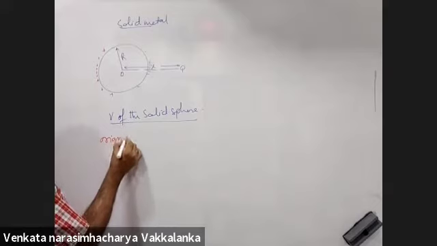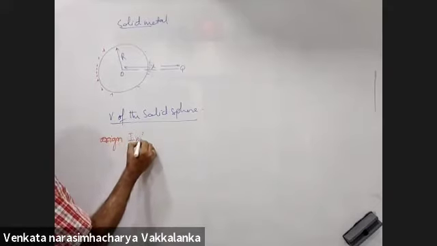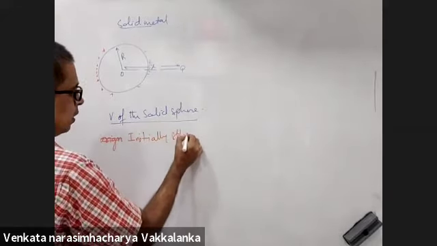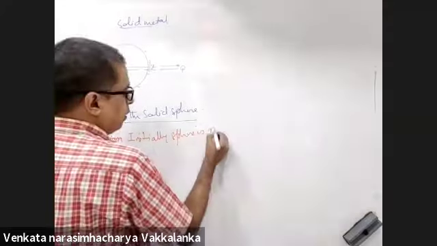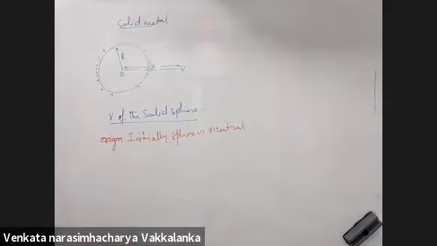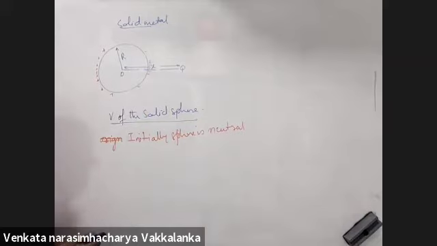Originally, initially, the sphere is neutral. So if initially the sphere is neutral, the charge induced on both sides put together will be zero.